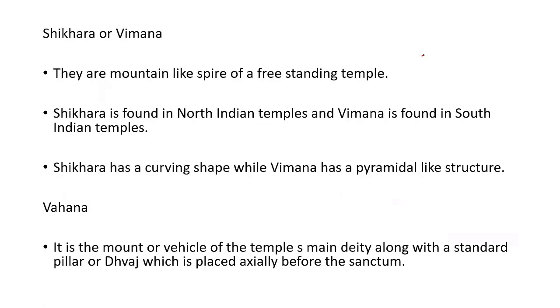In a temple, normally this is the Garbhagraha. This is a hall, the Mandapa, and here we have an ambulatory passage. Above the Garbhagraha we have a mountain-like spire, a free-standing structure like this. This is called Shikhara.